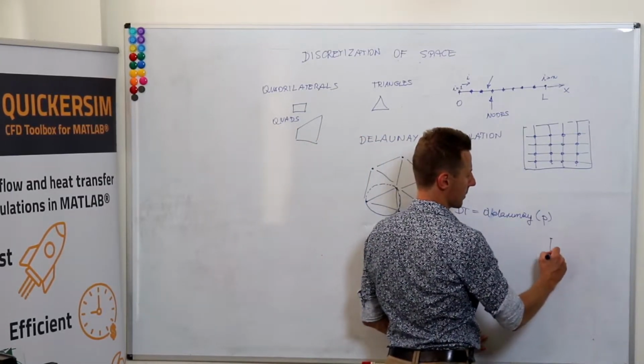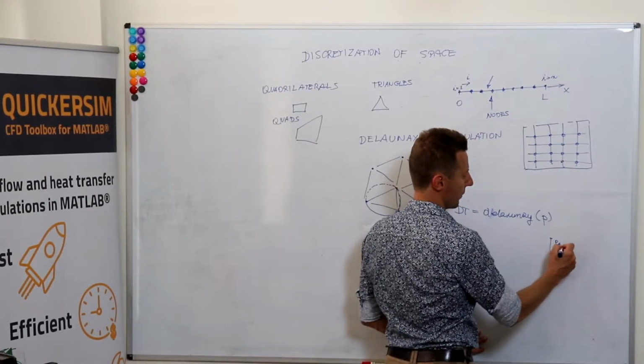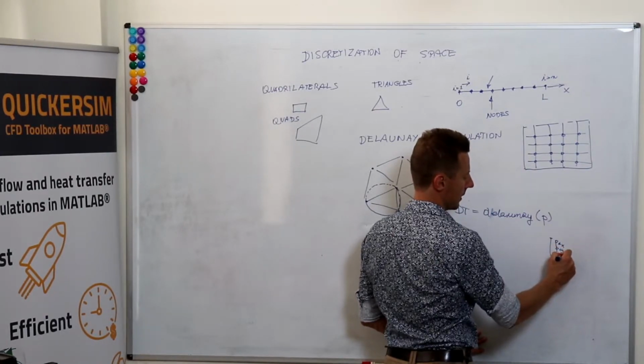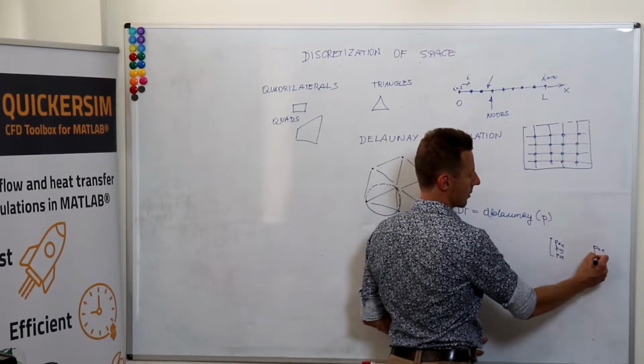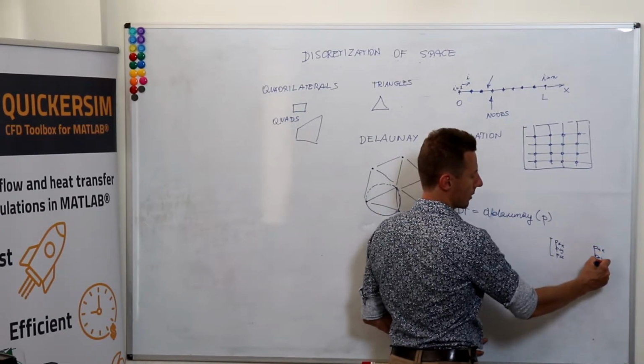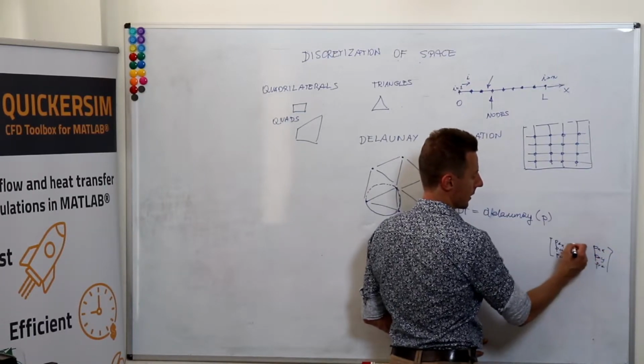Probably, as I would guess, but I'm not sure: first point X, first point Y, it can be in 3D, then nth point X coordinate, nth point Y coordinate, nth point Z coordinate.